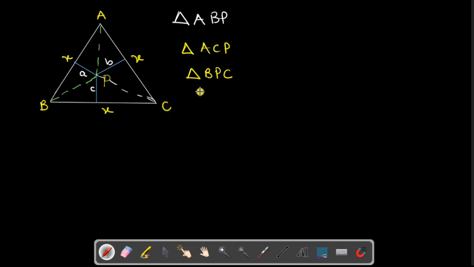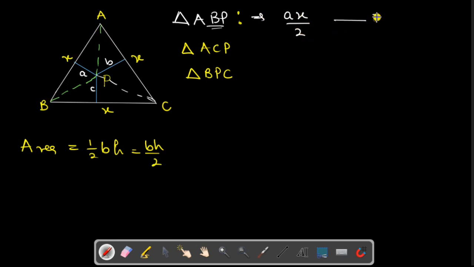Now if you watch carefully, we can determine the area of these triangles, and the area of a triangle is always half base times height, which you can write as base times height over 2. So the area of this first triangle is going to be the height, which is a, multiplied by the base x, all over 2. We keep this as equation 1.